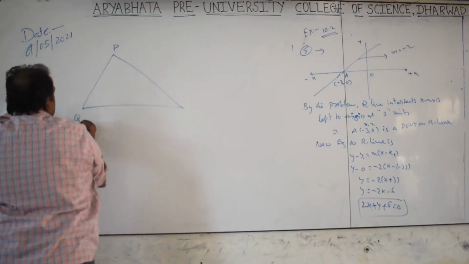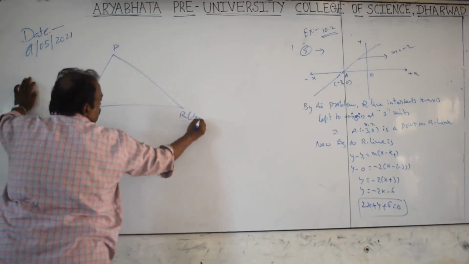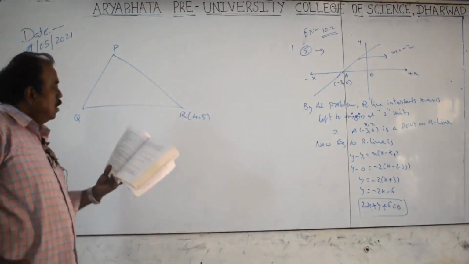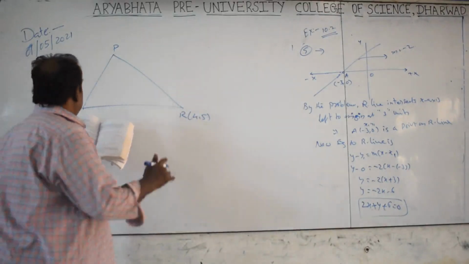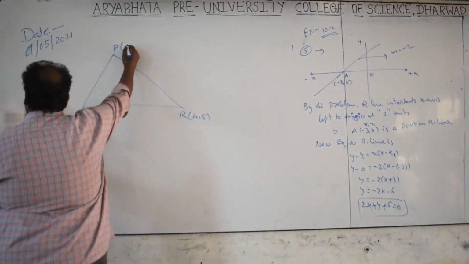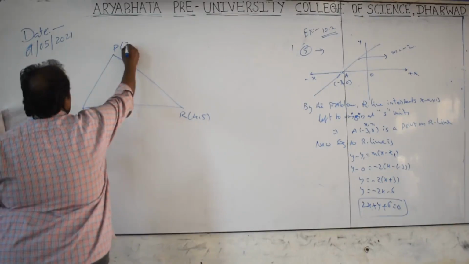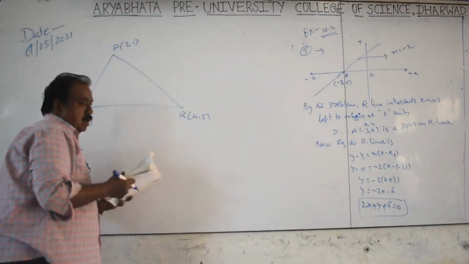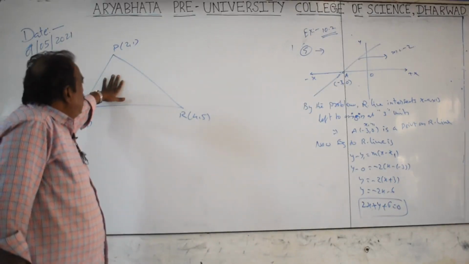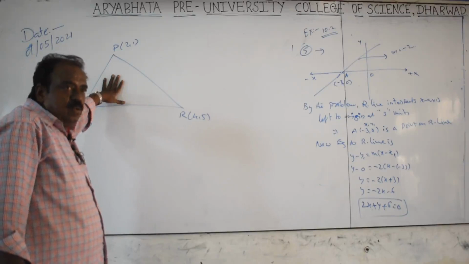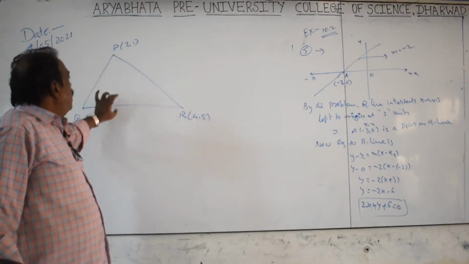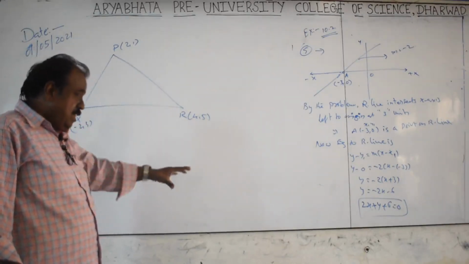It is P and the other is R. I think it is 4 comma 5 and P is 2 comma 1, Q is minus 2 comma 3. Okay, now you see, whenever I ask you to draw the diagram, if a diagram is necessary to draw for the solution, at that time the triangle must be scalene. No side is equal to another side. Don't draw an equilateral triangle.